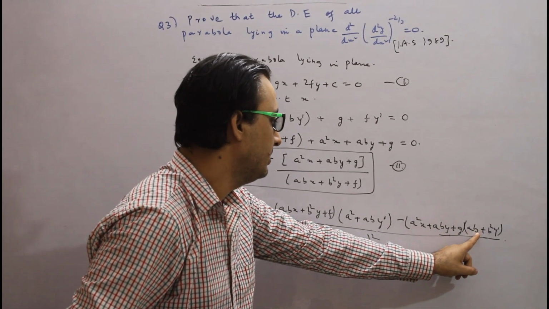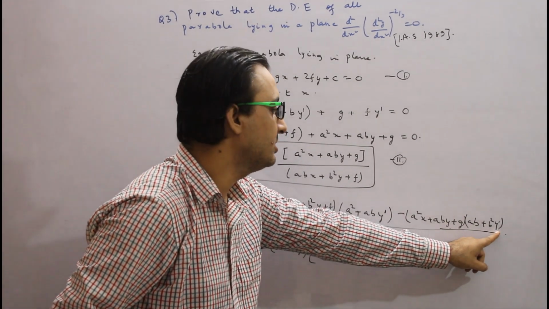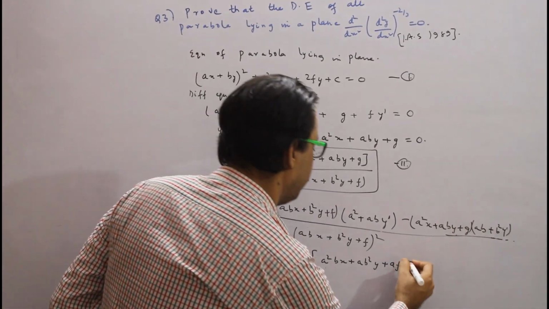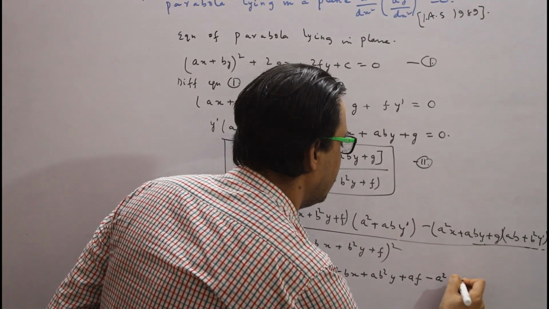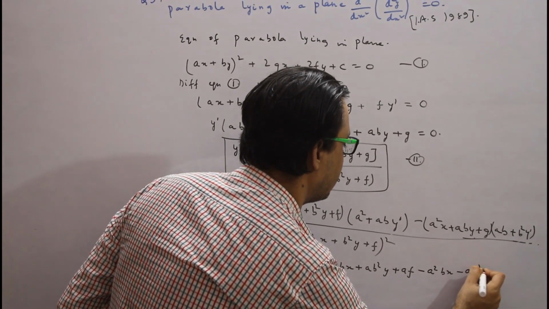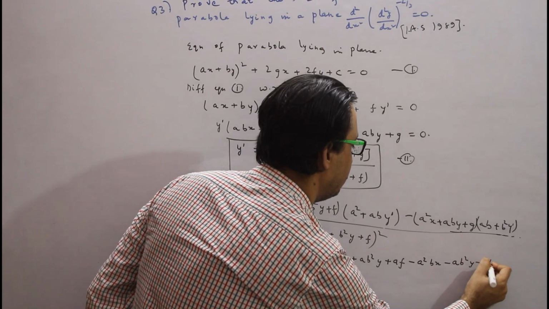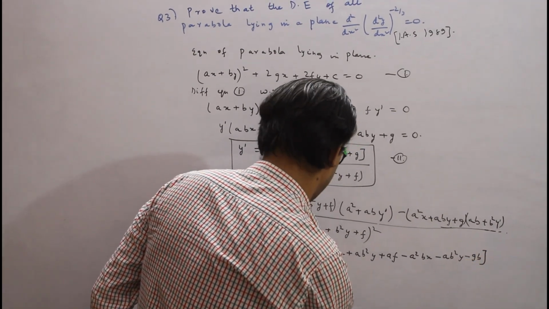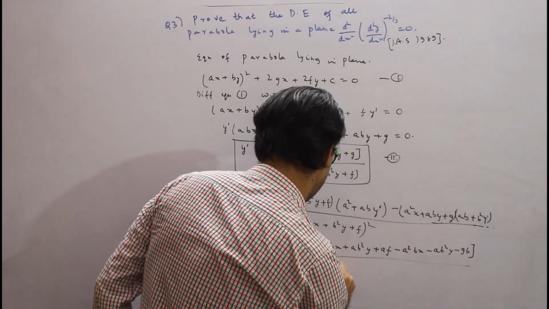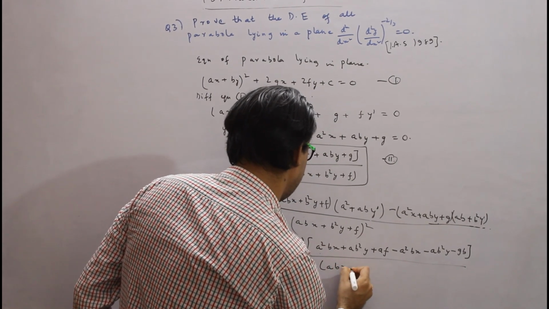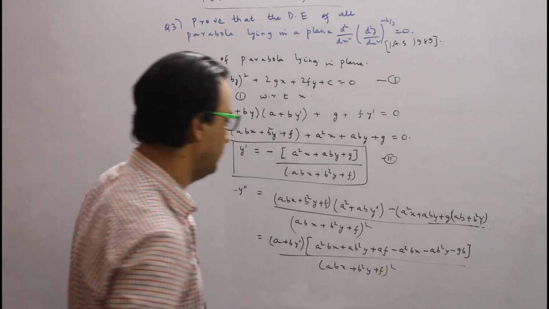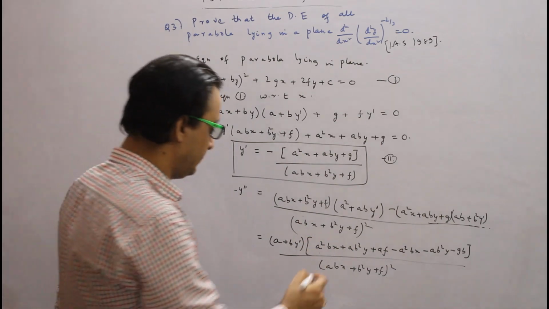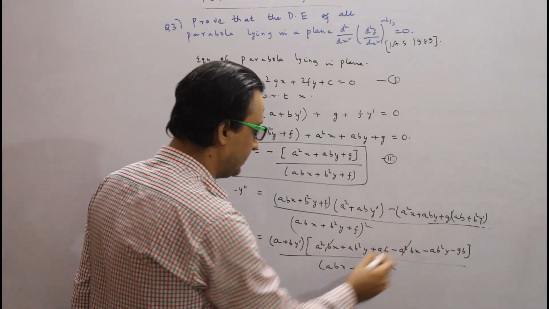Here b is common, so I multiply the whole by b. So this becomes a square b x plus ab square y plus gb, and this is over (abx plus b square y plus f) whole square. So can we cancel out some of the terms? Yes, we can. We can cancel this and this one.